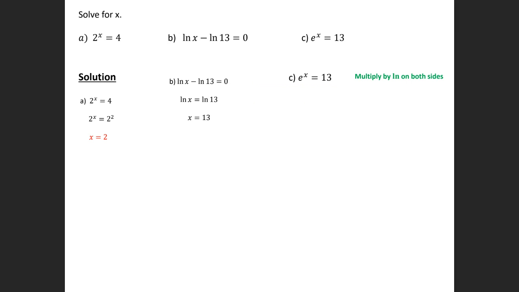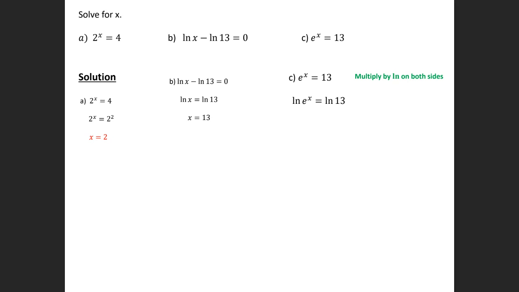e to the x is equal to 13, okay? So I'm going to use what I call my inverse property. Or you can say that you multiply the natural log on both sides. If I do one thing on one side, I can do it to the other.